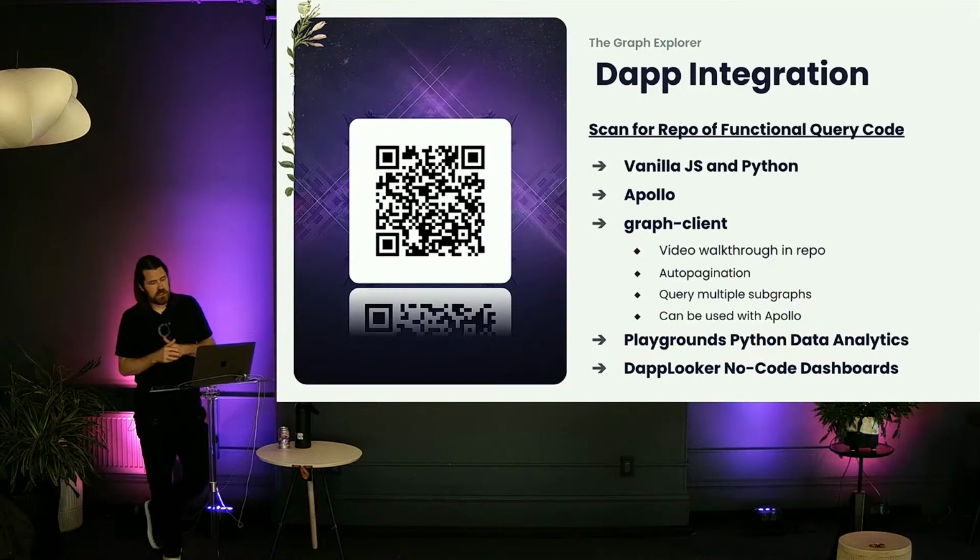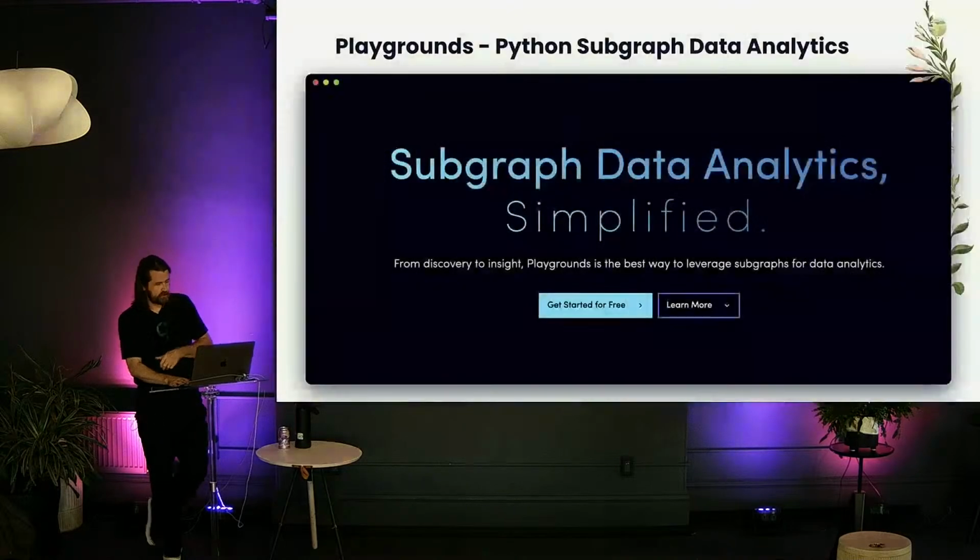It does auto pagination, and there's a video in the repo that walks you through how to do the Graph Client setup. There are also examples with Playgrounds, which is another way you can do data science on the stuff as well. And then there's also DApp Locker, which is no-code dashboards. Playgrounds is really cool.